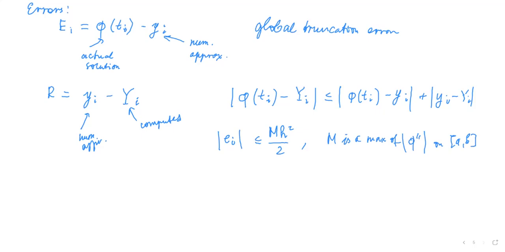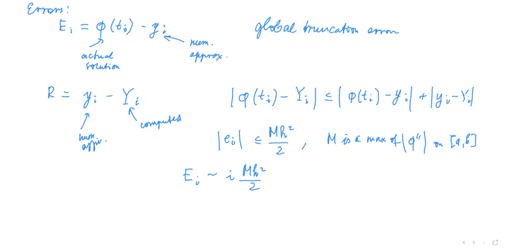Global truncation error on the interval is approximately going to be like, well, each step is going to produce this error, right? So if you are in step 5, you probably are going to have 5 of these errors added. So I'm going to put i here and the formula over here. Number of steps is usually proportional to the size of the interval and the size of the step.